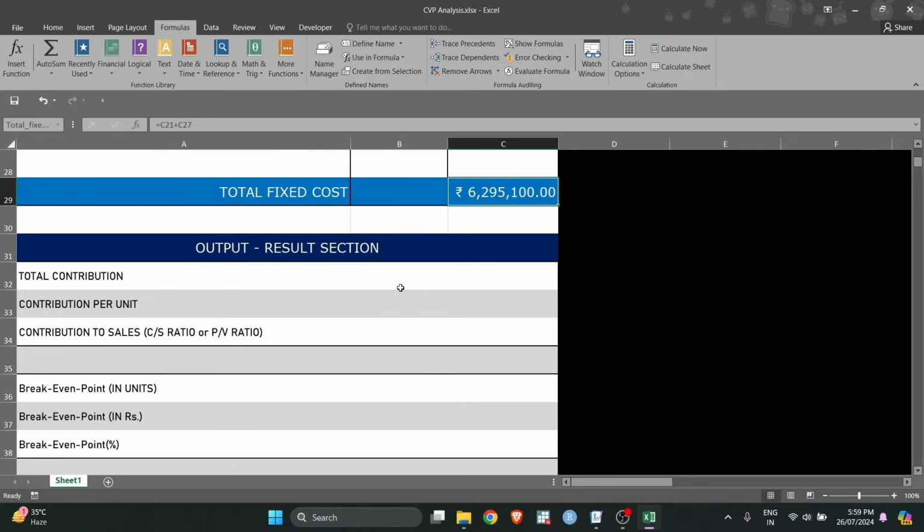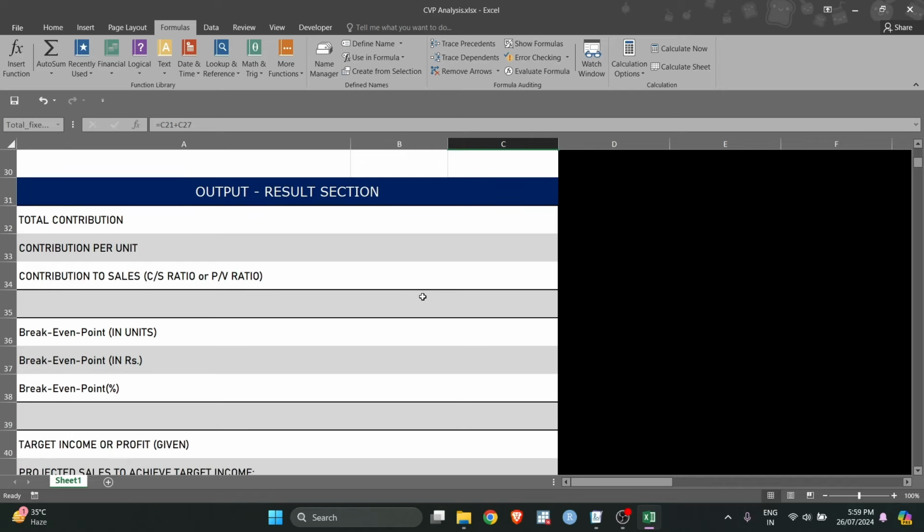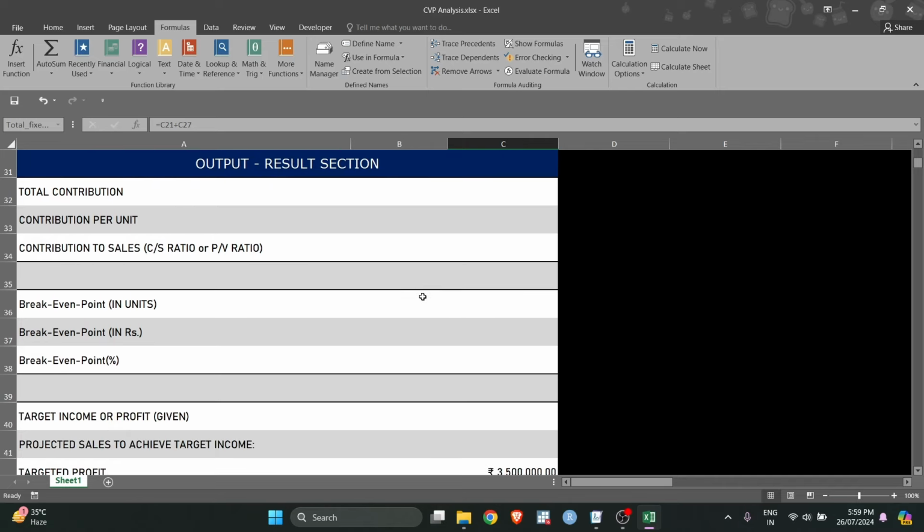Now let us come to the output sheet, the main agenda. Although in exams, generally you won't get this output sheet. You have to make it. So what is the total contribution? Although some people say it's contribution margin. This is nothing but total sales. What is total sales?